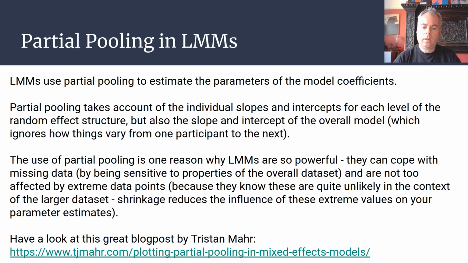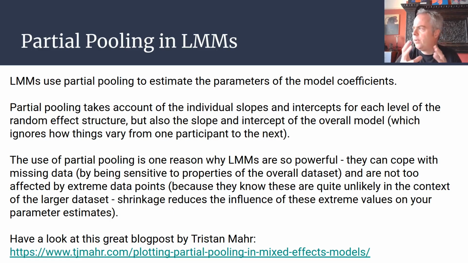I'm not going to go into details of what's going on under the hood in the context of linear mixed models. They use something known as partial pooling as a way to estimate the parameters of the model coefficients. Very generally, partial pooling takes account of the individual slopes and intercepts for each level of the random effect structure, but also the slope and intercept of the overall model.